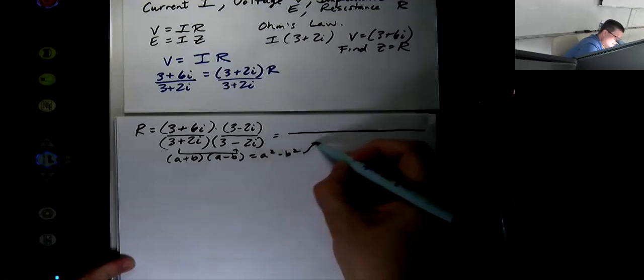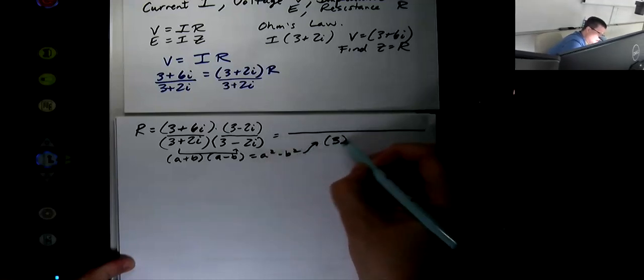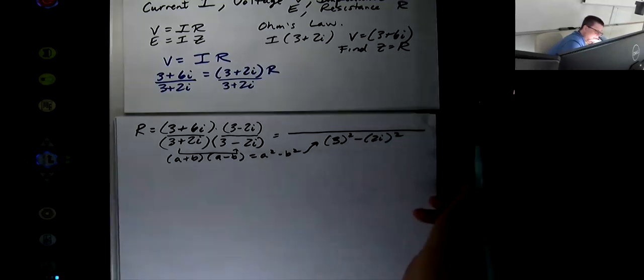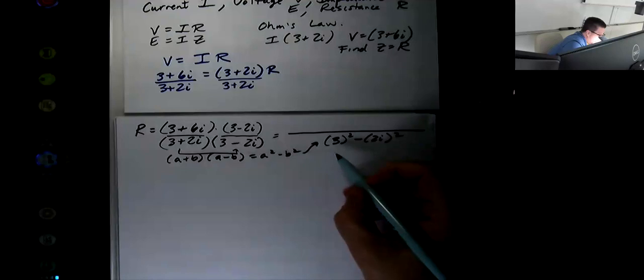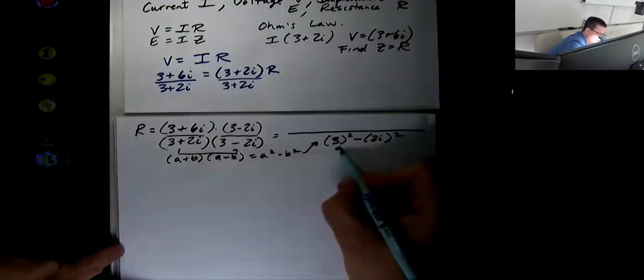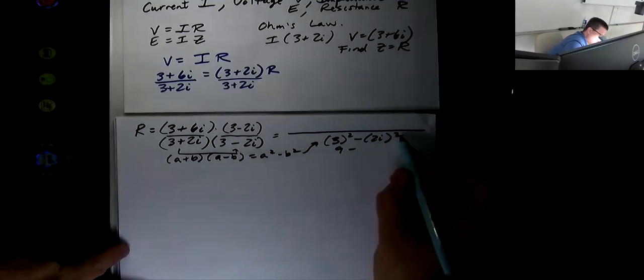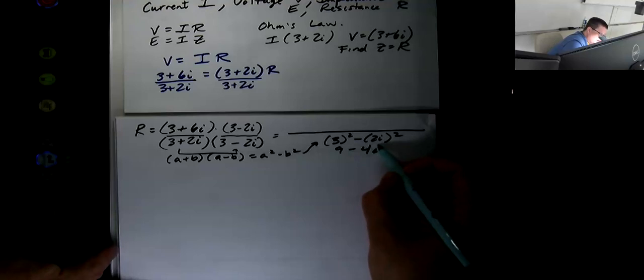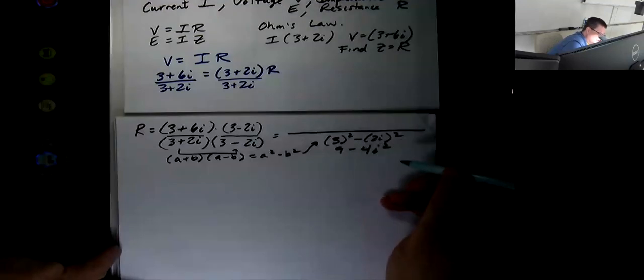In our case, that is 3 squared minus 2i squared. 3 squared is 9, and the square on the 2i goes to both the 2, which becomes 4, and the i as well.